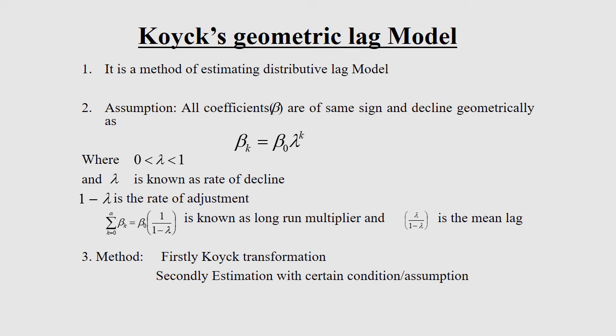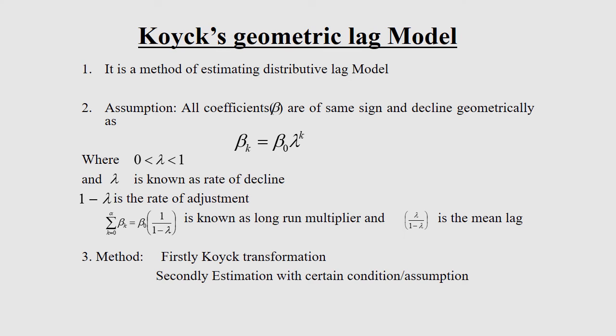So 1 minus lambda is the rate of adjustment. From this relation we can find that summation of beta k equals beta naught times 1 by 1 minus lambda, which is also known as the long run multiplier, and lambda by 1 minus lambda is the mean lag.